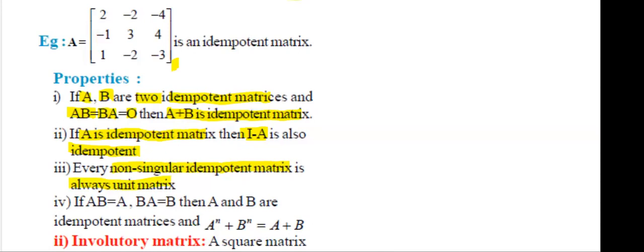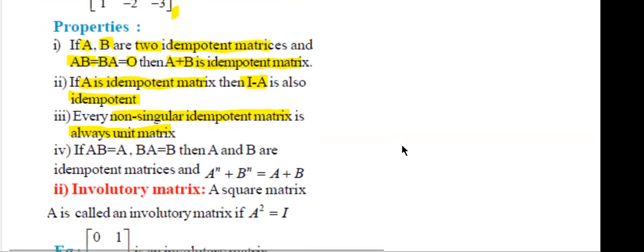Non-singular idempotent matrix is always a unit matrix, because unit matrix is non-singular. Determinant of unit matrix, how much? 2 by 2 matrix means 1, even 3 by 3 also 1 only. Determinant of identity matrix is 1.